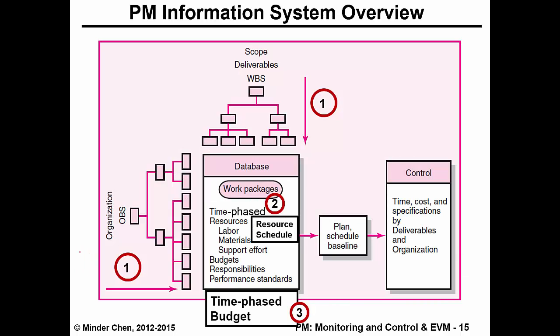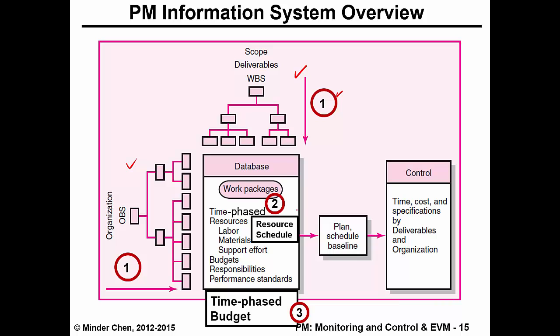So, putting it together, we will have the work breakdown structure on the top and the organizational breakdown structure on the left. This is the first step. Once we have these two, the second step is to come up with the work packages. We'll have a time-phased schedule in terms of the work packages to be done.